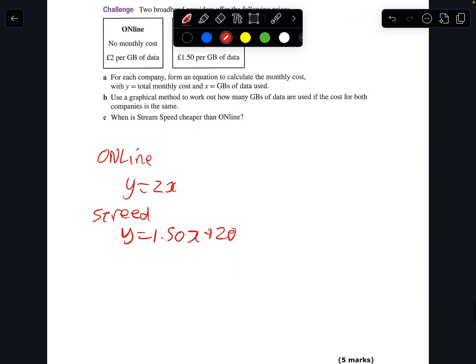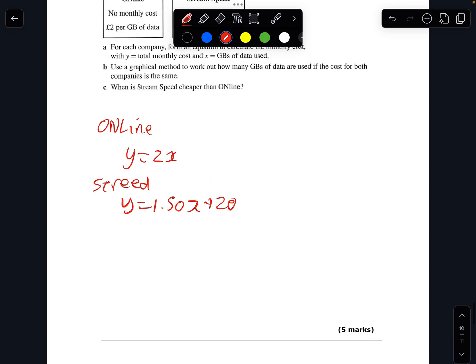We are then asked to use a graphical method. So I guess we draw ourselves a nice little graph. Don't know why you'd use a graphical method to find out when they're equal, but here we are. Okay, let's try in 10. I'm going to assume it's high, just looking at the numbers, 10, 20, 30. Roughly space them out equally, 50, so on and so forth.